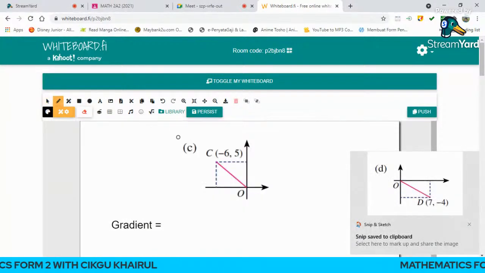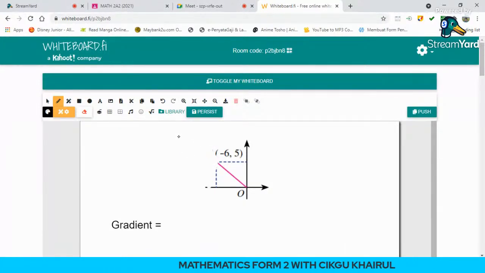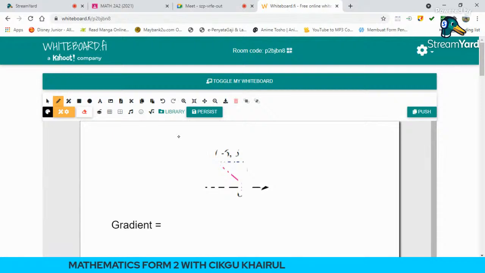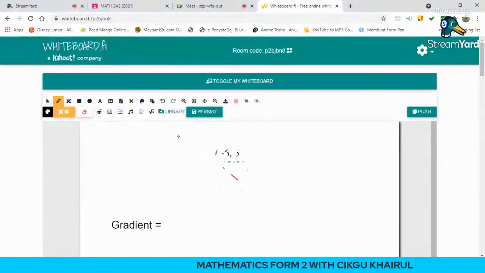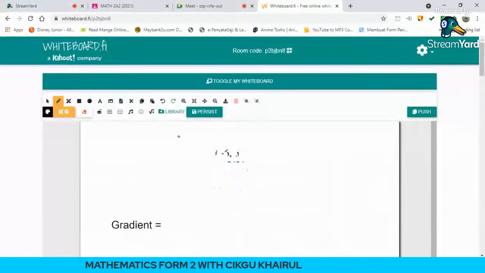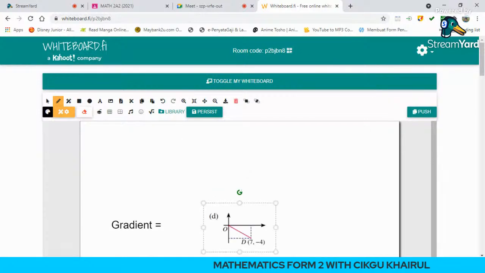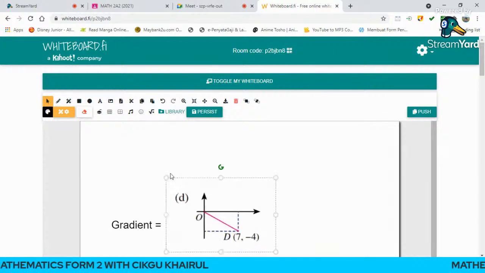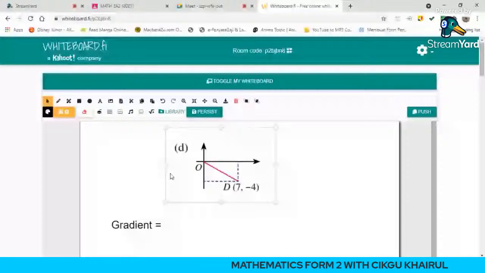Okay, now I paste the diagram here. Let me give you the question.